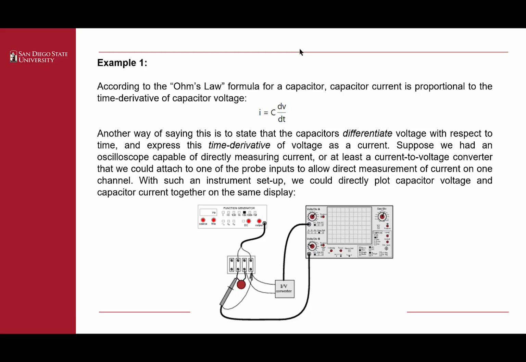Suppose we had an oscilloscope capable of directly measuring the current, or at least a current to voltage converter that we could attach to one of the probe inputs to allow direct measurement of current on one channel. With such an instrument setup, we could directly plot the capacitor voltage and the capacitor current together on the same display.